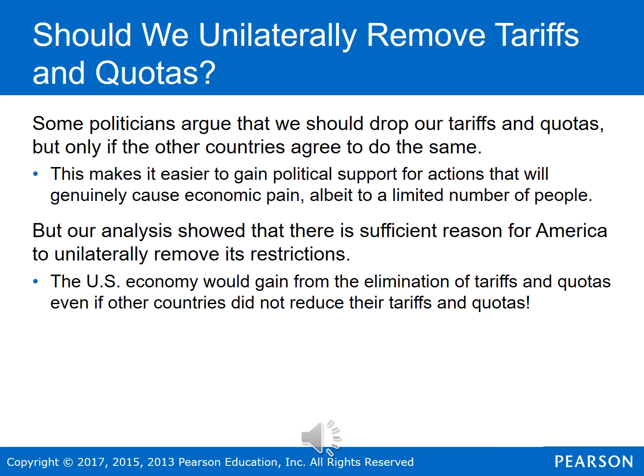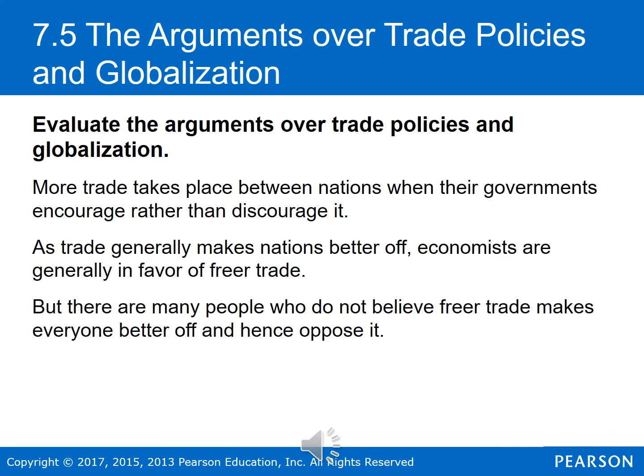But our analysis in the previous slides shows that there is sufficient reason for America to remove its trade restrictions unilaterally, that is, just America should do it without forcing other countries to do it with us, or wasting the time and money negotiating for other countries to do it with us. The U.S. economy would gain from the elimination of tariffs and quotas, even if other countries didn't reduce theirs.